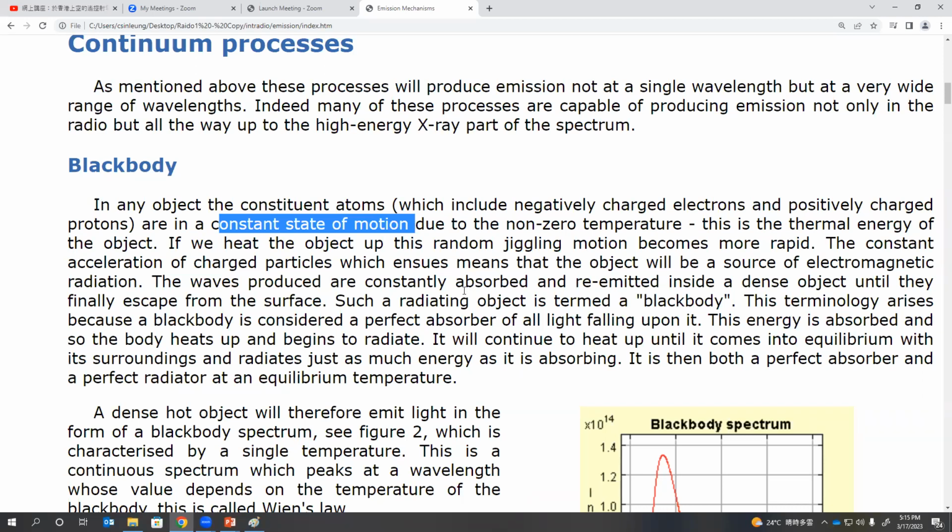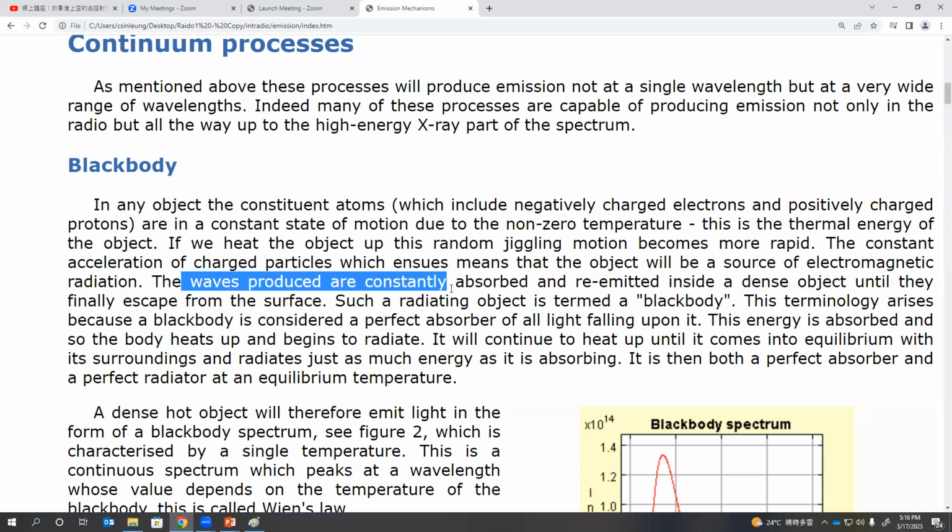If we add heat to it, this motion will become more rapid, more violent, and as we keep heating it, the charged particles will continue moving, as I mentioned, and that is why they produce electromagnetic waves. But the same object will also absorb, and as we keep heating it, the radiation is emitted inside a dense object until it finally leaves at the surface.